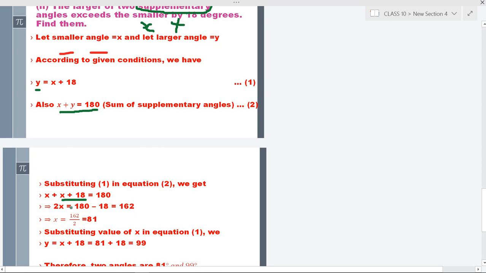x plus 18 is equal to 180. x plus x is 2x. 2x is equal to 180 minus 18. We transpose this 18 to RHS, so it will become minus 18. 180 minus 18 is 162.